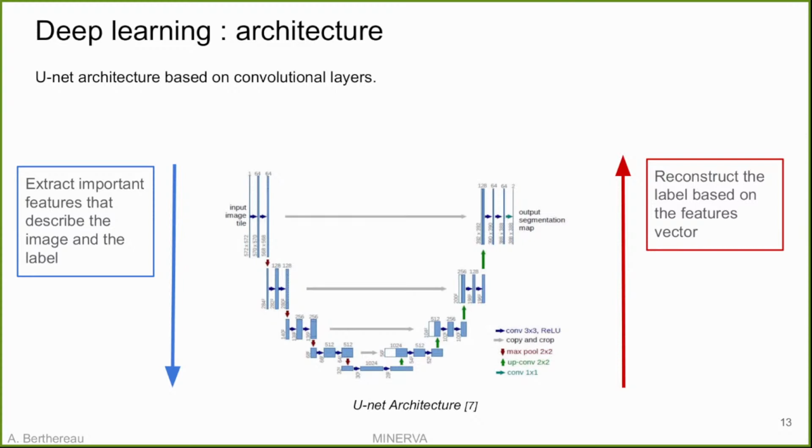The down stack extracts important features that will describe the image and the label. This is done through convolution layers. At the bottom of the U we have a features vector, and from this features vector we reconstruct an image with a label through transpose convolution layers. This is the up stack.